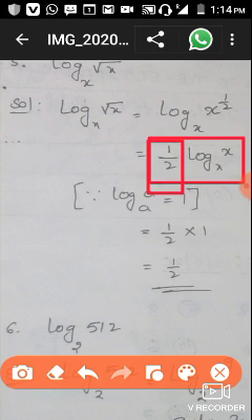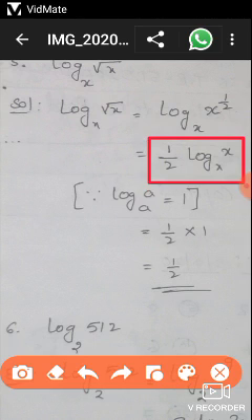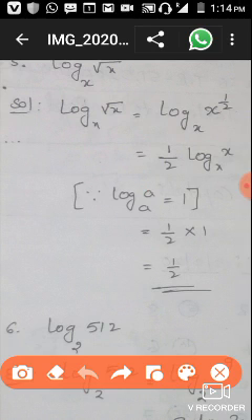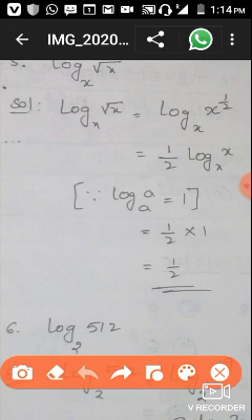Next, what remains? Log x base x, as that 1 by 2 comes to the front. According to the formula, log x to the power m equals m into log x, we can write 1 by 2 log x base x. Here log x base x we can write as 1.